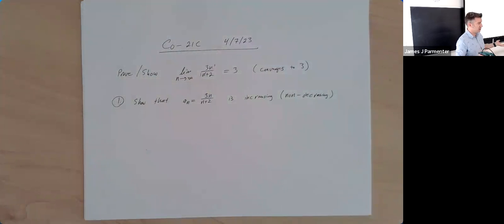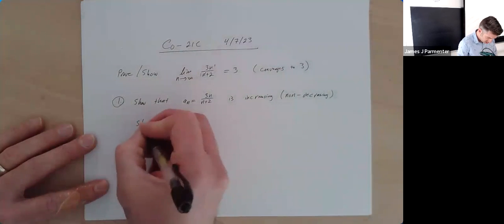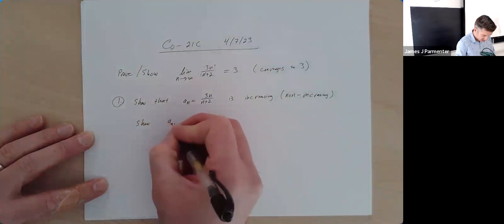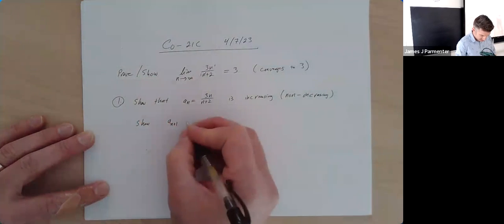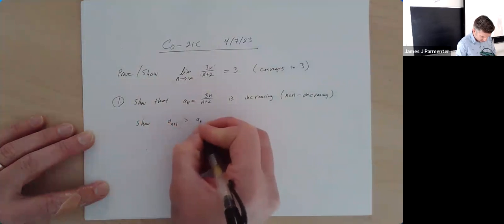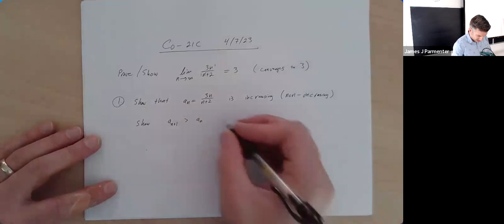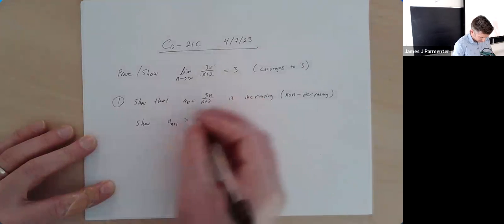The very general idea is that we want to show the next term, a sub n plus 1, is bigger than the previous term, a sub n. Or if you want to show it's decreasing, you show a sub n plus 1 is smaller than a sub n.